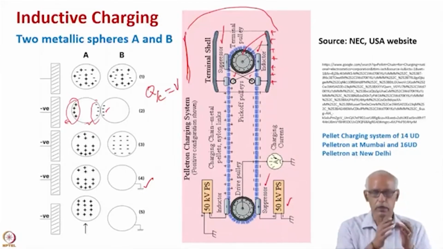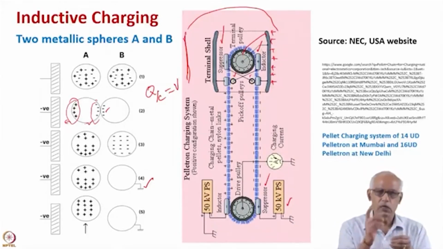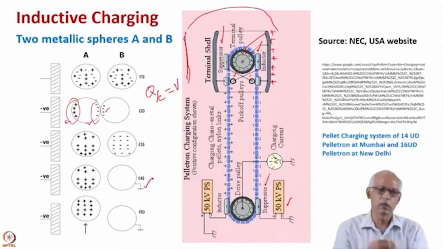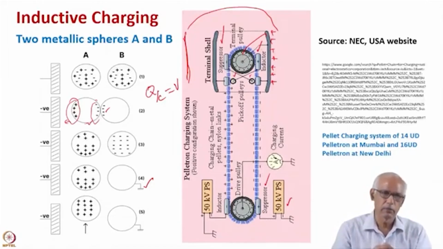Secondly, because we are using the metallic pellets, charge will be uniformly distributed, and therefore there will not be any non-uniformity of charge, and charge will be uniformly transferred to the high voltage terminal, and this will lead to a better stability of the voltage.